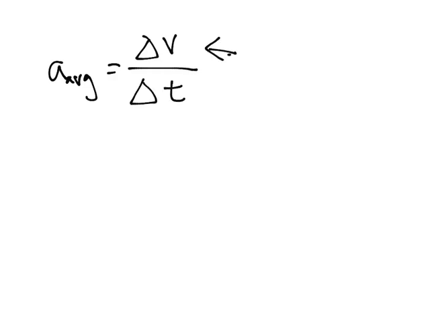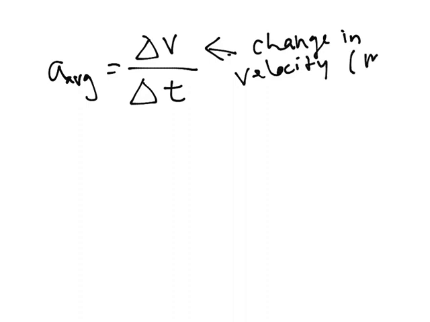Next equation is a similar idea, except we're doing the average acceleration equals the change in velocity over the change in time. So this is change in velocity. It's going to be in meters per second. So remember, anytime we say change, delta means the final minus the initial.